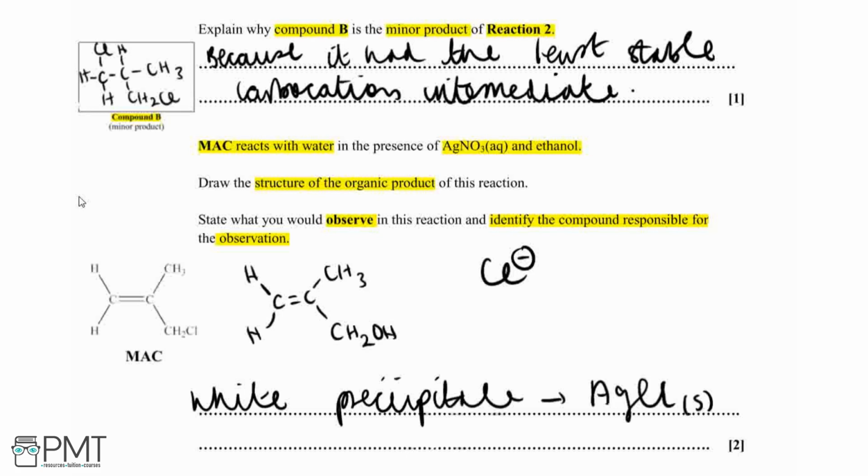And for this question, there was 1 mark for the structure of the organic product and 1 mark for identifying that we've got a white precipitate as our observation and that the compound responsible for this was silver chloride. So you need both of those last points in order to get that 2nd mark overall.